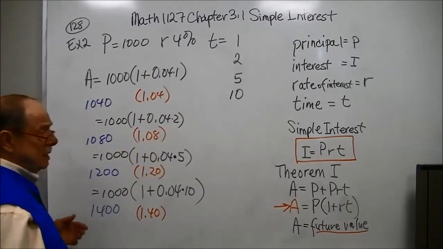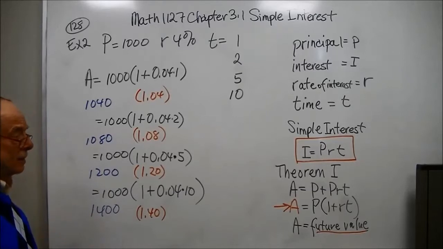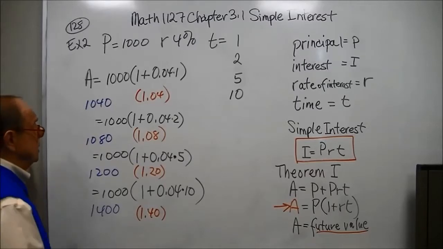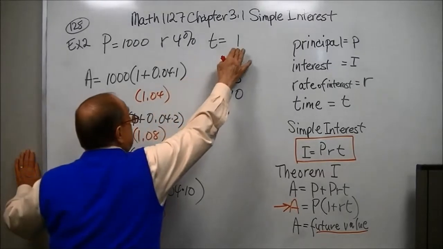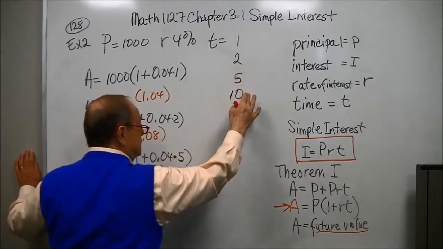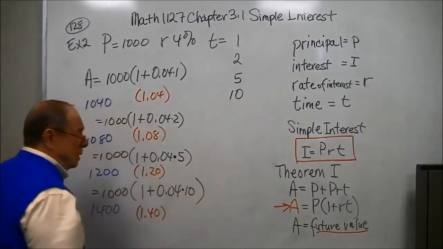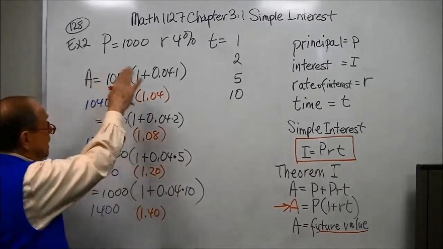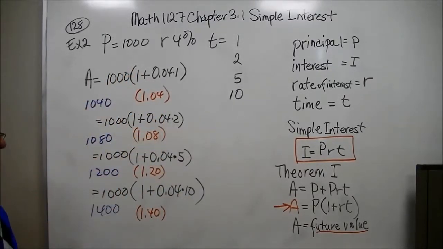And the parent or whoever's loaning the money says, well, pay this back whenever you can. So if they kept the money for 1 year, or 2 years, or 5 years, or 10 years, what would be the future value of that $1,000 that they would have to pay back?